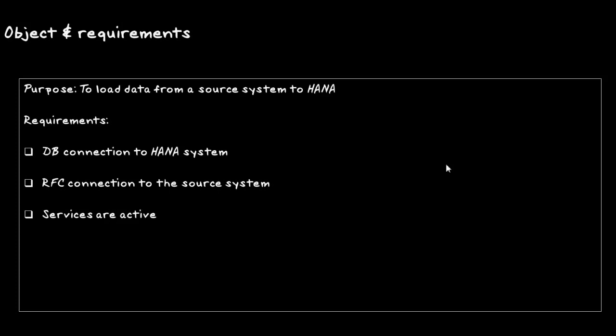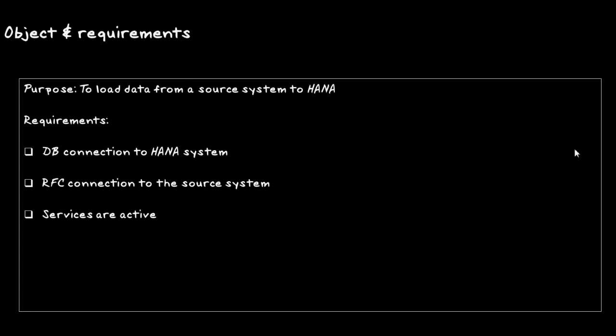Before creating a schema, the following requirements must be met. First, a database connection from SAP LT to HANA system must be created. Second, an RFC connection from SAP LT to a SAP source system must be created.